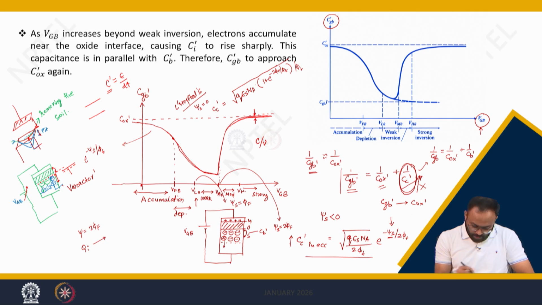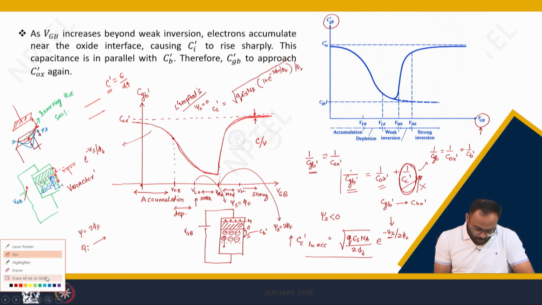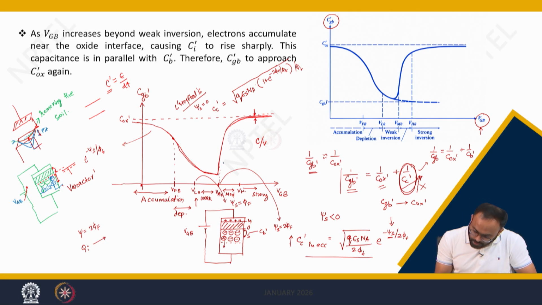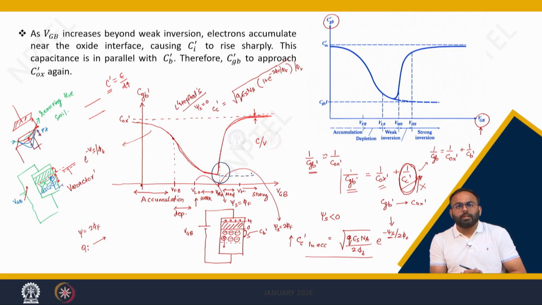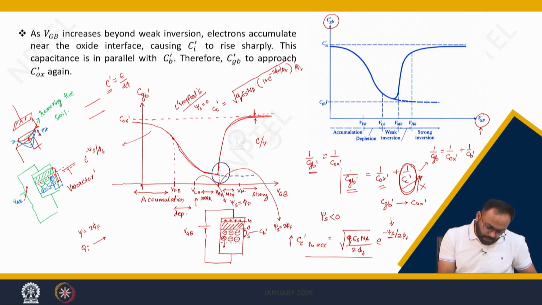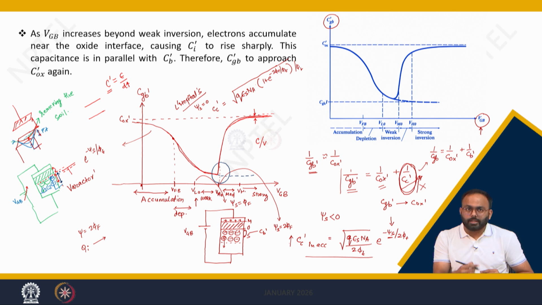But we have left untouched one aspect, which is about this region. What will happen at 2 phi f? When you are talking about deep inversion, at that moment the height of the depletion region is maximum. If the height of the depletion region is maximum, and after that maximum height, what will happen?